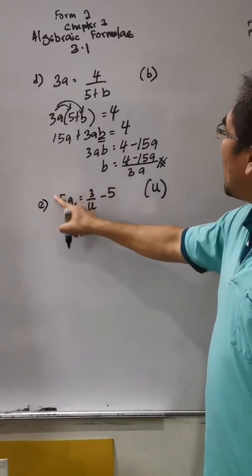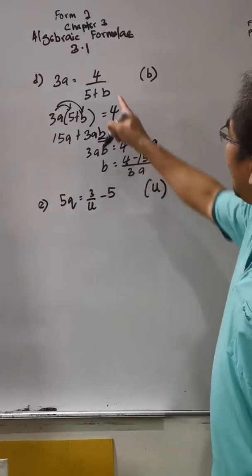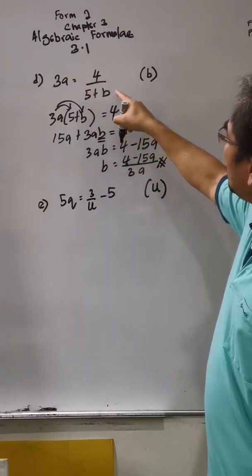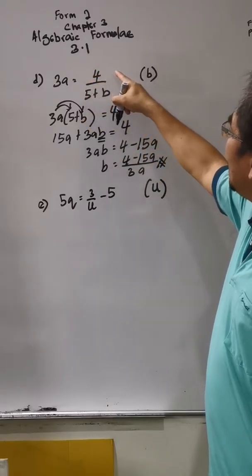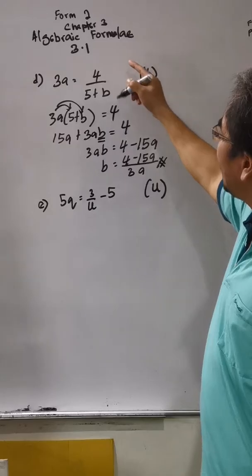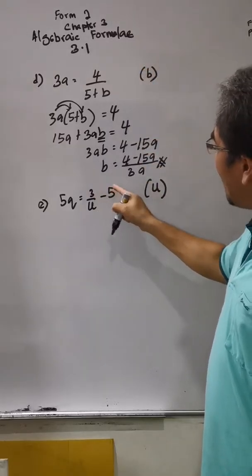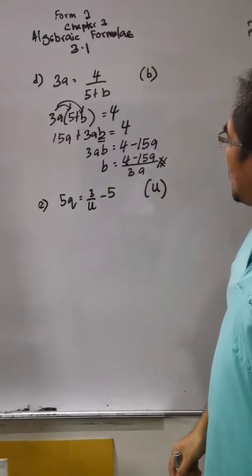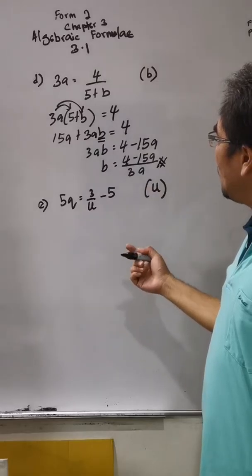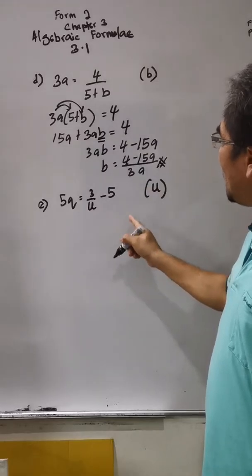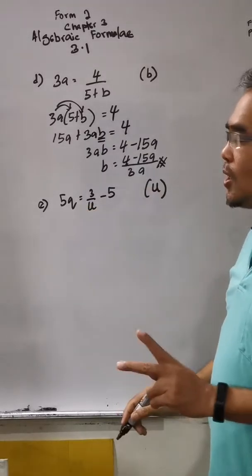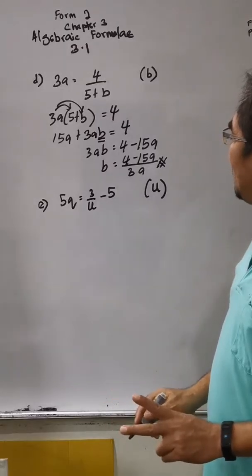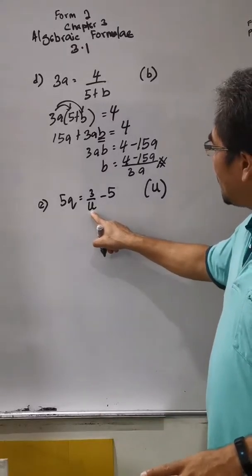What happens if you have this? Unlike this one, where we have only one numerator on the right side, here we have 3 and 5. Either you want to find the value or whatsoever, if you have a fraction, make sure you move the denominator up.